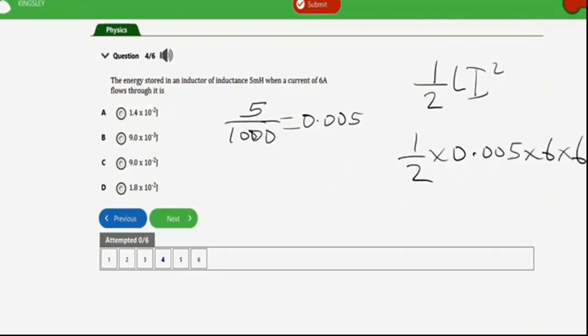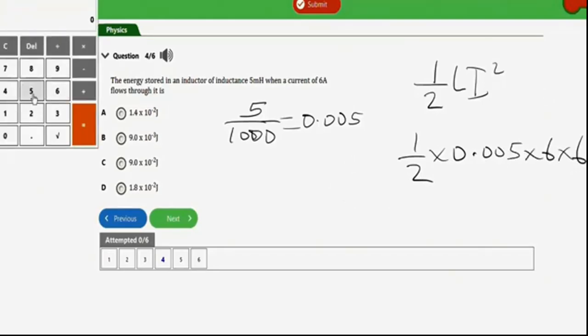So let's punch this on the calculator. We have 0.005 times 6 times 6, and divide this by 2.